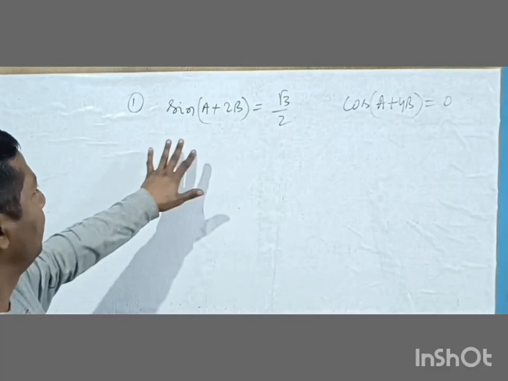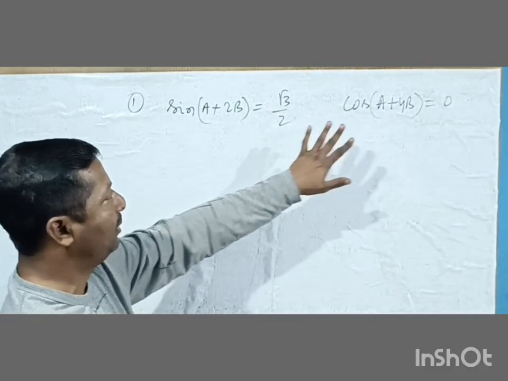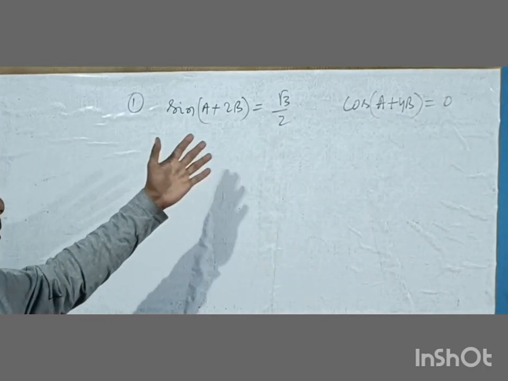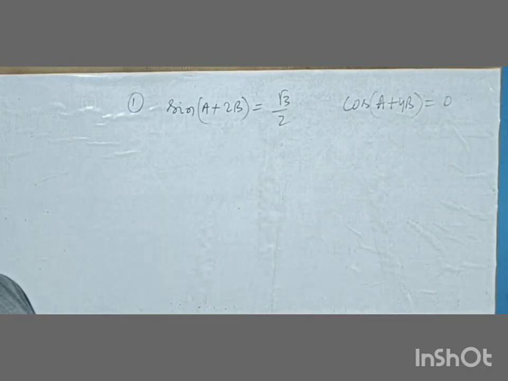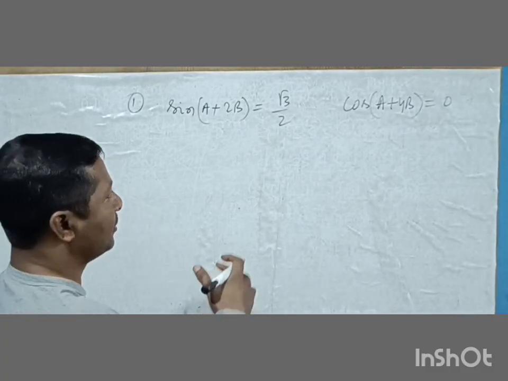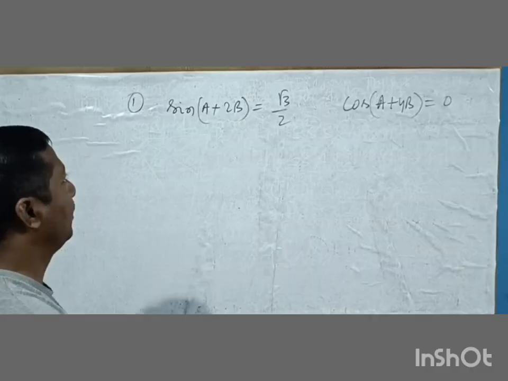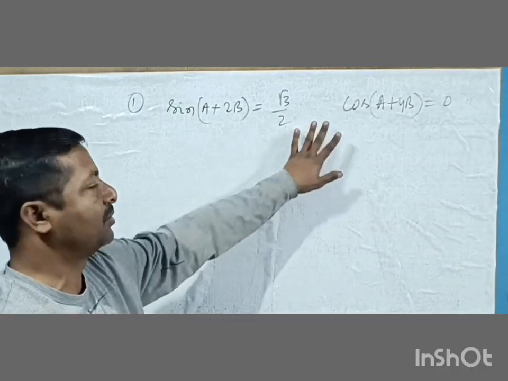We have to take the sine value here and the cos value here. If we take both sides as some sine theta or some sine degree value, we can write this form equal to this form.